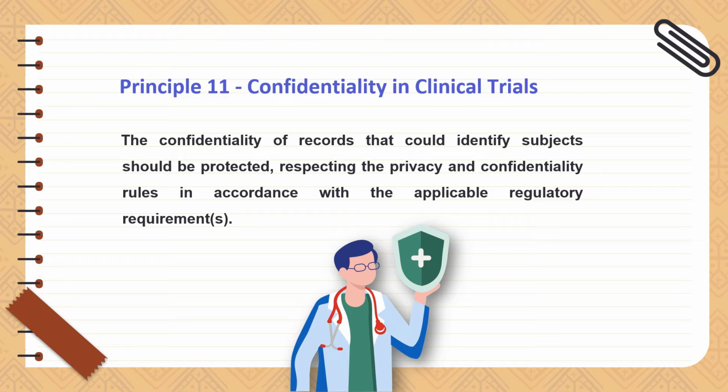Whenever a participant participates in a clinical trial, whatever his identifiers are, by which he could be identified anywhere, his name, his social security number, his Aadhaar card number, his date of birth, his phone number, this information should be very strictly protected and should not be disclosed anywhere. In the US they have HIPAA guidelines, in other parts of the world they have other kinds of guidelines. So confidentiality is one of the key aspects whenever you conduct a clinical trial.